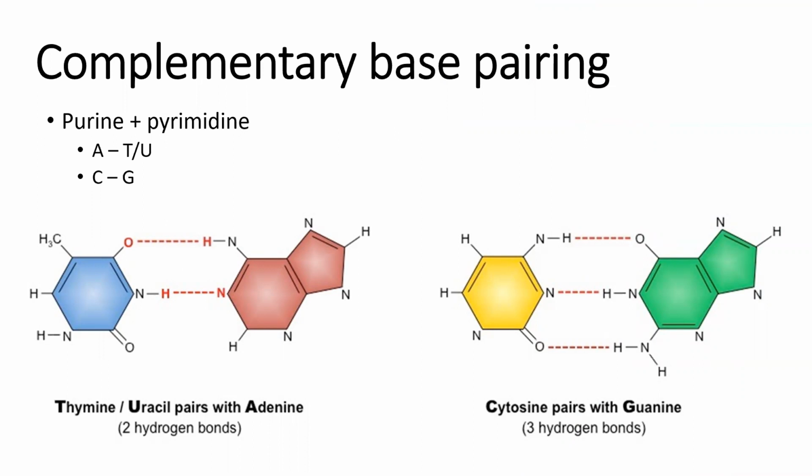Okay, and that's what you're going to be seeing in the rungs of the ladder of the DNA molecule when we talk about DNA. Basically, the thymine and adenine have 2 hydrogen bonds, and the cytosine and the guanine have 3 hydrogen bonds. And the importance of this is it helps to maintain the diameter, the width of the DNA molecule.